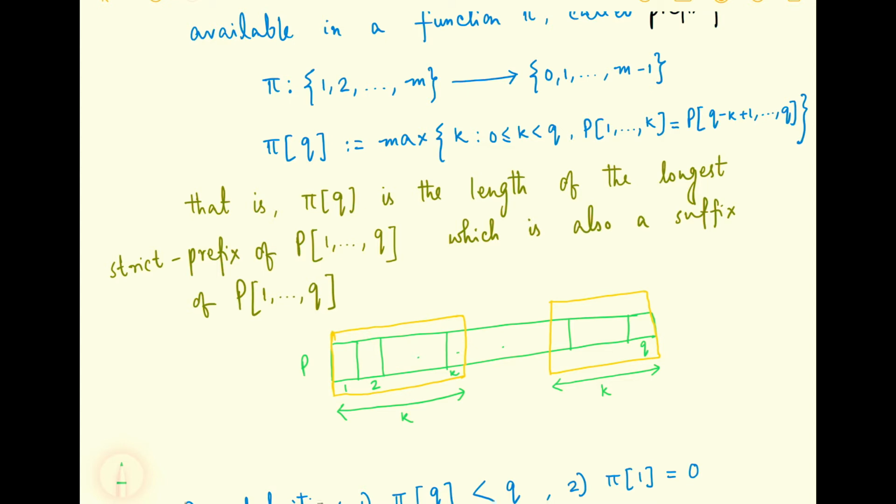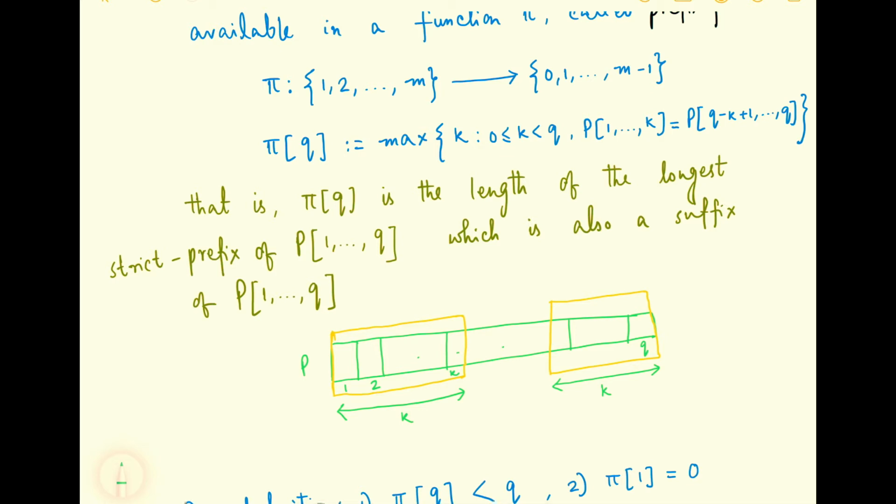So when I am computing pi q, I look at the first q characters of P, the pattern, and look at what is the longest strict prefix. What do you mean by strict prefix? The entire string P[1..q] is also a valid prefix, but that is not a strict prefix. So a strict prefix is a prefix which is not equal to the string.